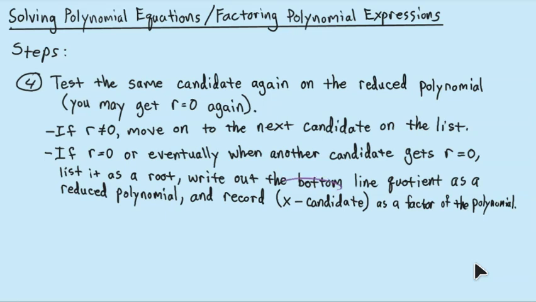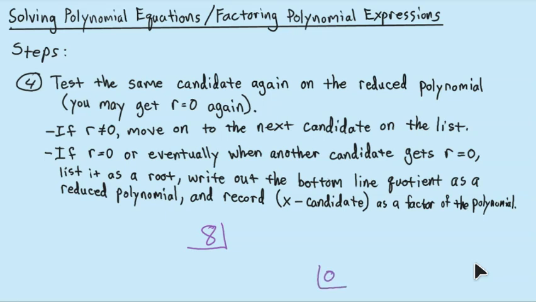And you're also going to, once again, record the next candidate as a factor, x minus the candidate. So let's say that after trying -5, you don't get a remainder of 0. Let's say next time you try x equals 8. And when you do x equals 8, you wind up with a remainder of 0.